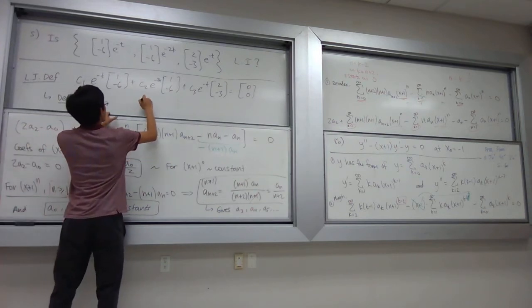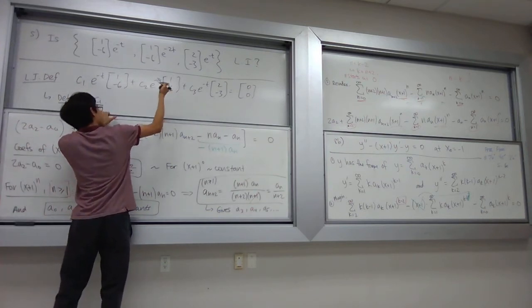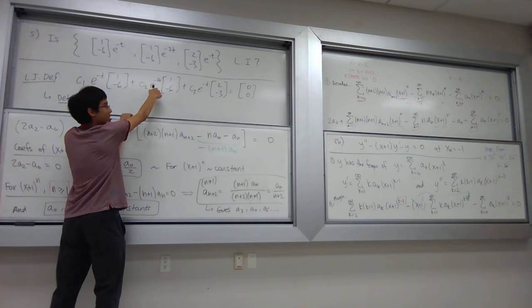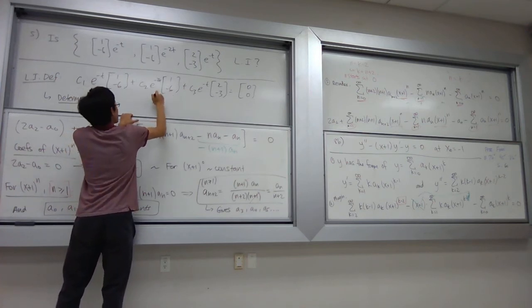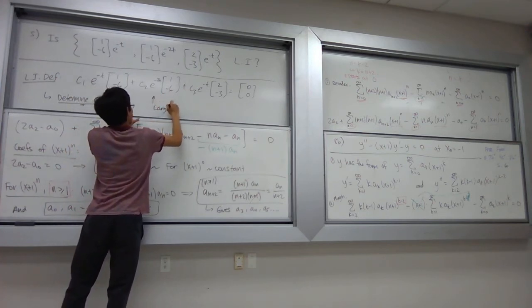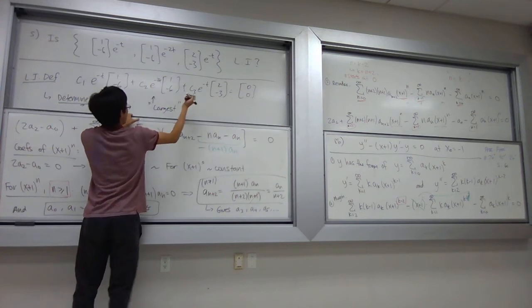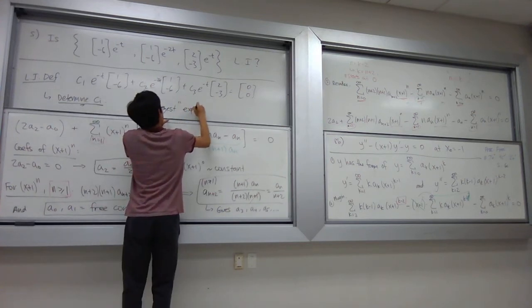So first, take the largest power. It looks like e to the negative 2t, so divide by it. This is the largest, or quote unquote largest, exponent.